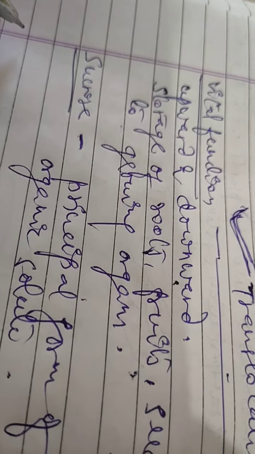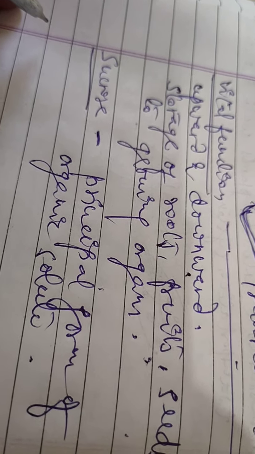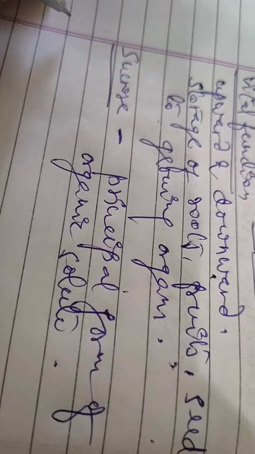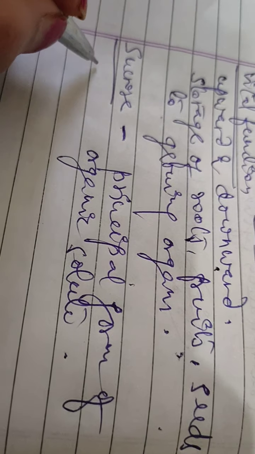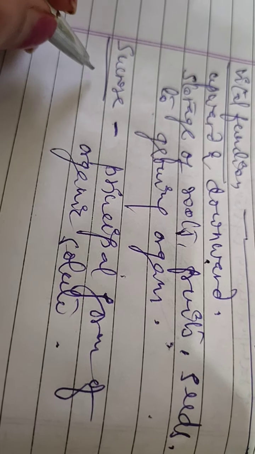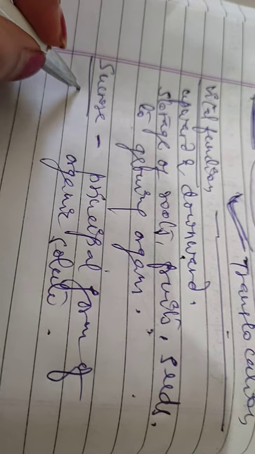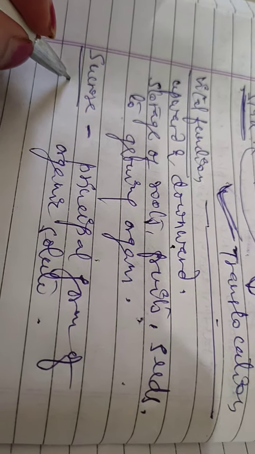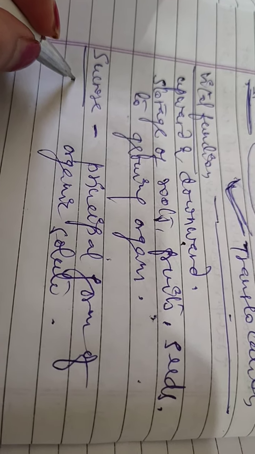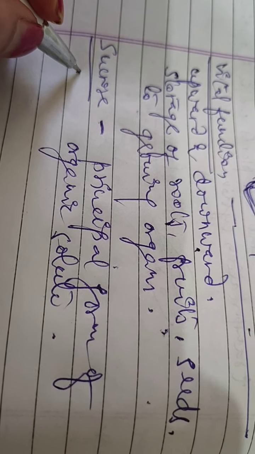You have to remember this point. It is translocated from leaf to non-photosynthetic plant organs, mainly roots, because in some plants the stem is green, has chlorophyll, and also performs photosynthesis.